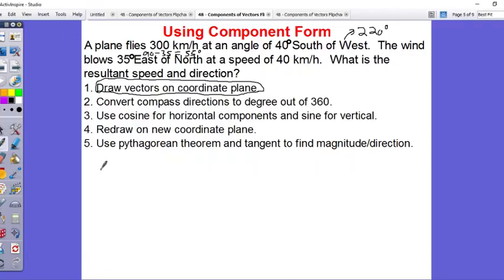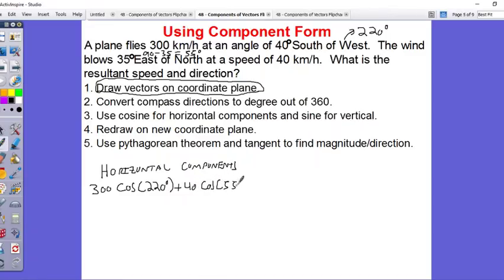Okay. So the horizontal components, this is going to be 300 times the cosine of 220 plus 40 times the cosine of 55.